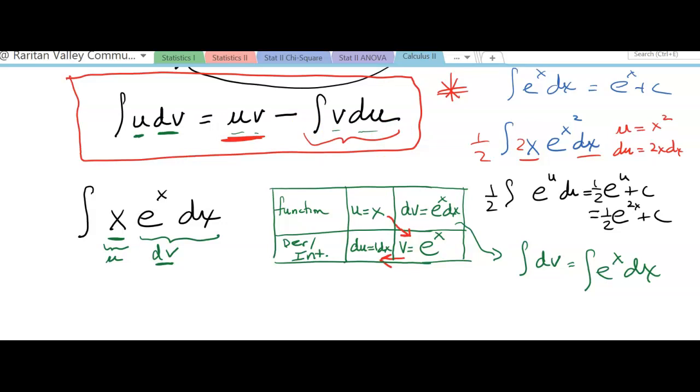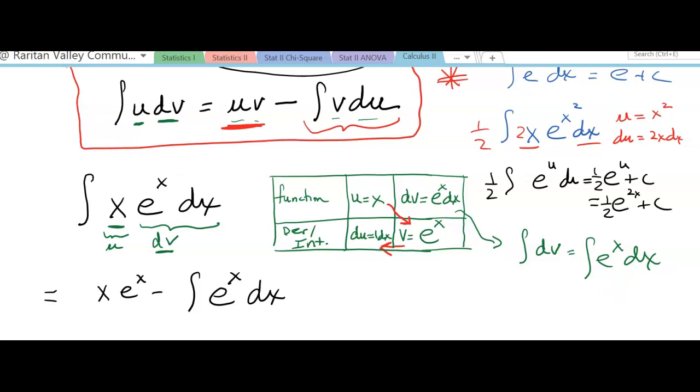All right, so now we have this equals u times v, which is x e to the x, minus the integral of v times du. So e to the x, and notice you have your dx in there. It's 1 times dx, so that's just dx.